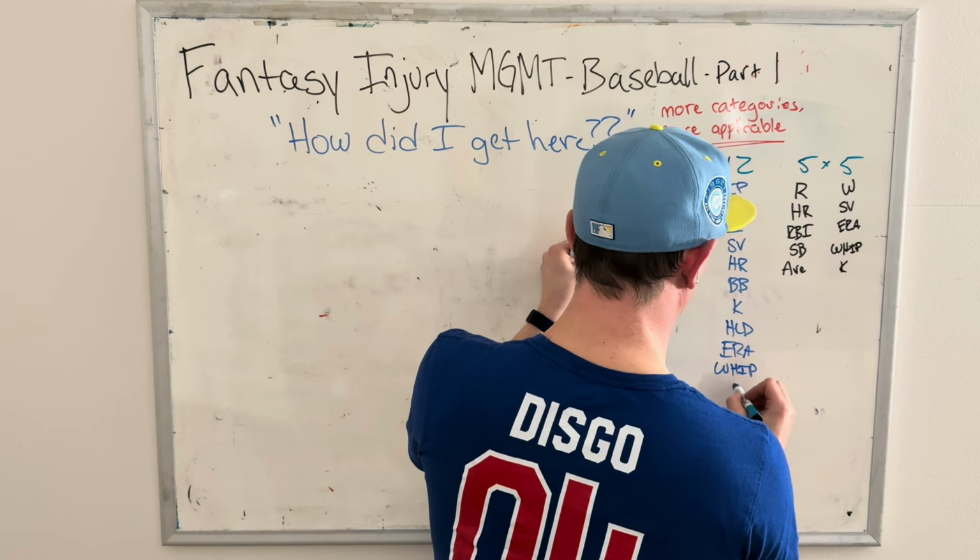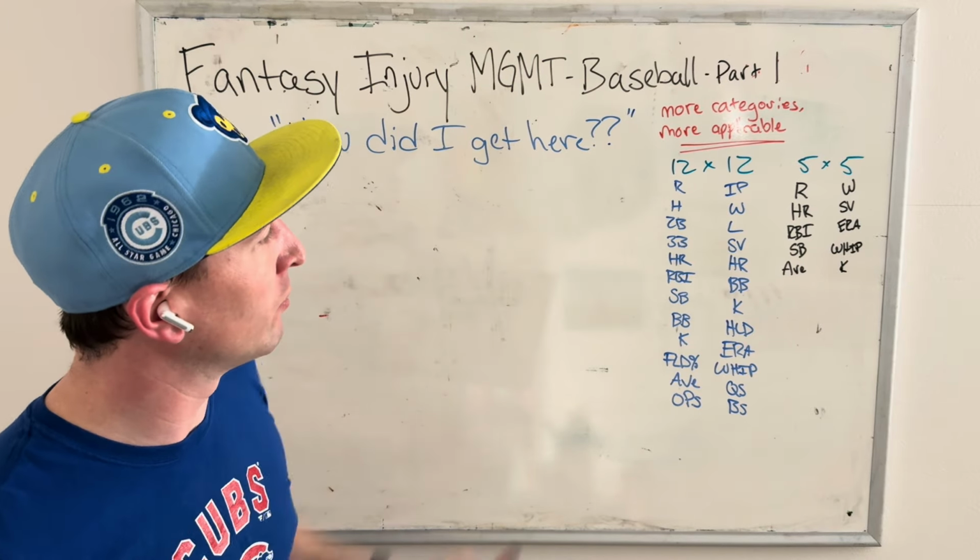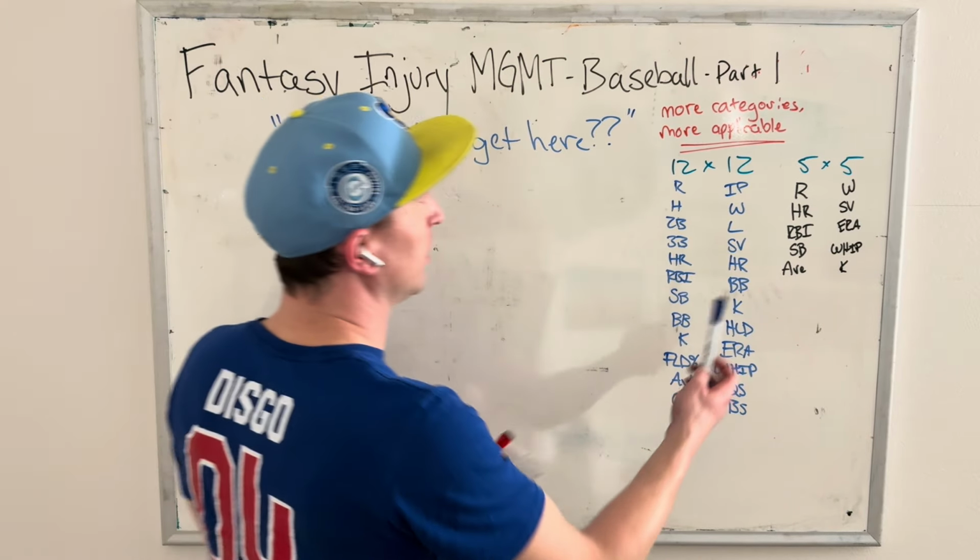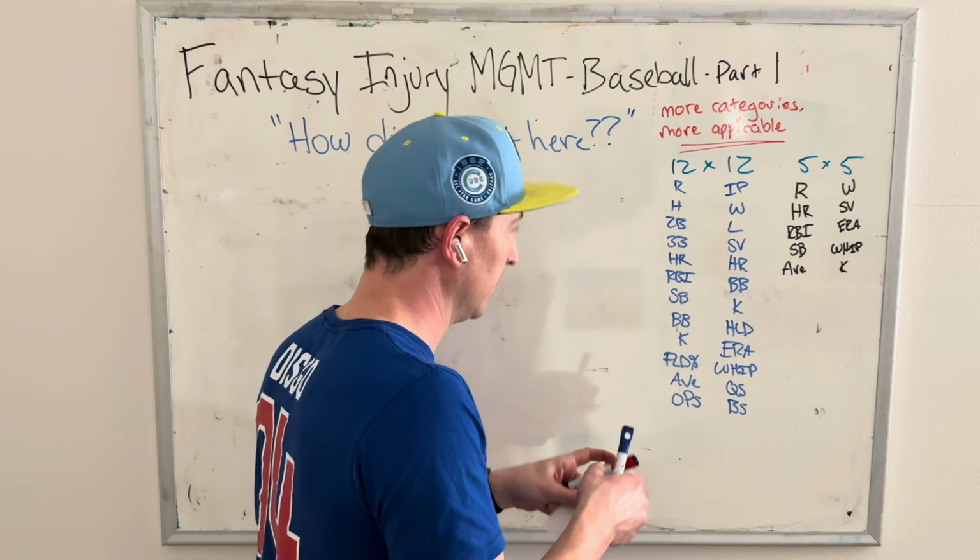Okay. So I didn't play any other format for the first 2 years that I played fantasy baseball. Right? I played 12x12. Now, as we saw, this ratio comes out to be, man, I gotta get my hands in order. Comes out to be 100%, 80%. Right?